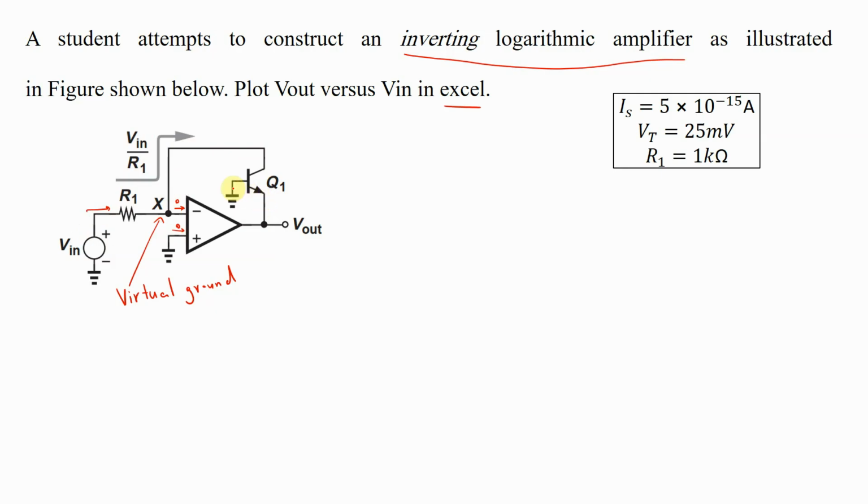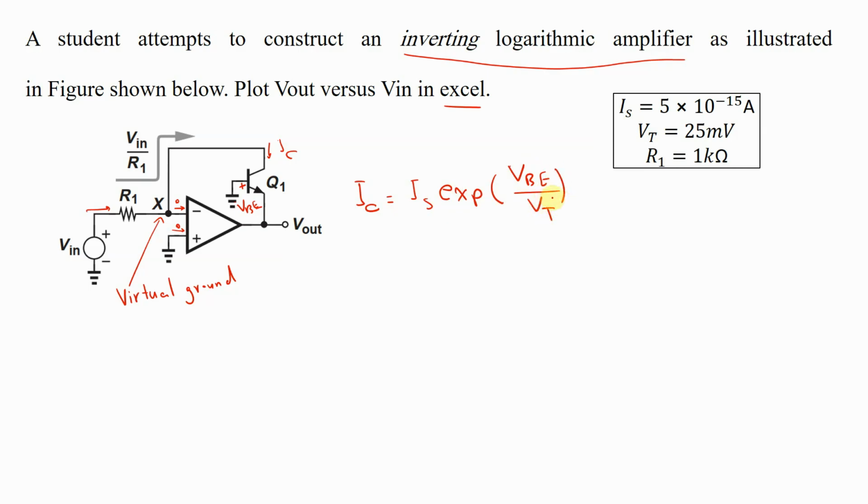So we know that in a transistor we have a relationship between the base-emitter voltage of that transistor and the collector current. What is the relationship? The relationship is exponential. I mean that I collector equals IS times exponential of VBE divided by VT.